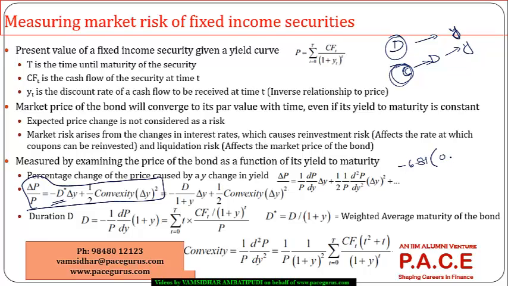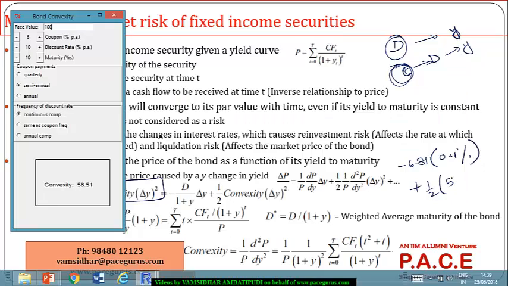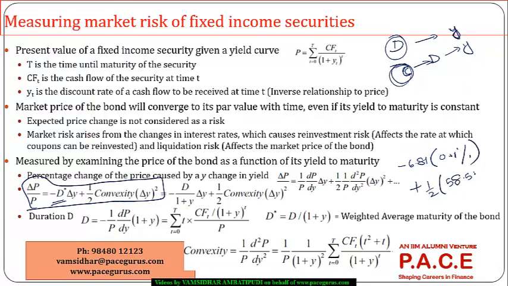Let's say the change in the interest rate is 0.1%. I'll take this plus half times convexity, 58.51, times 0.1 percentage squared. This will give me the percentage change in price I can expect for this particular bond if the yield is increased by 0.1%.